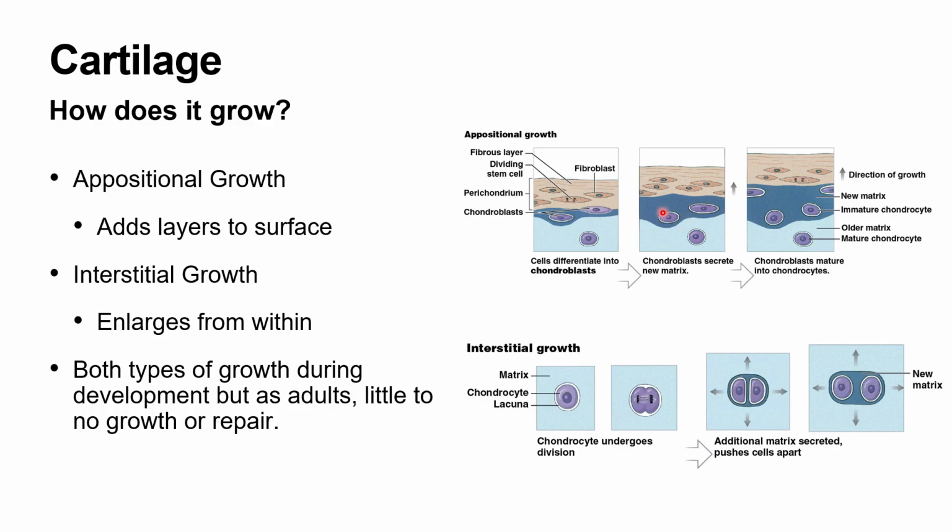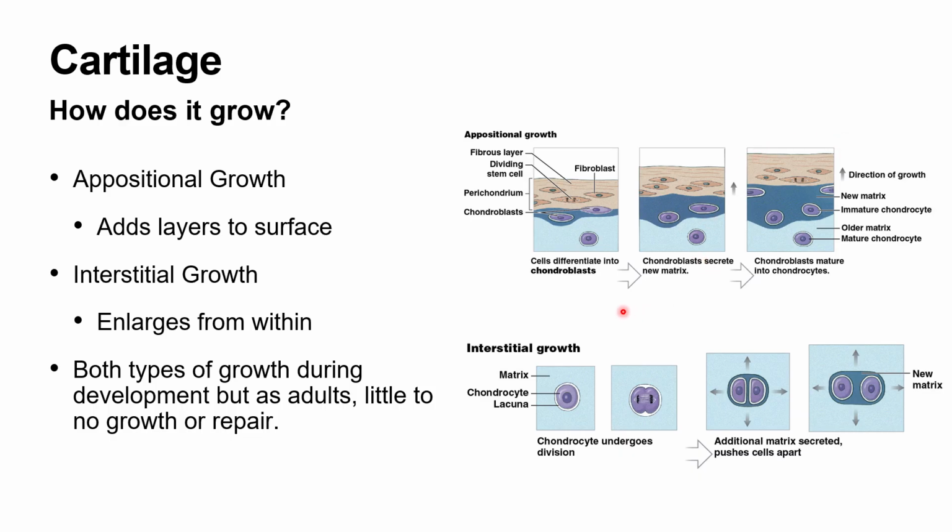Now, this new extracellular matrix is going to end up being added to the external surface of that cartilage that we see out here. And then we have new layers of growth happening from the bottom up on this page right here. So this is going to be an example of our appositional growth.